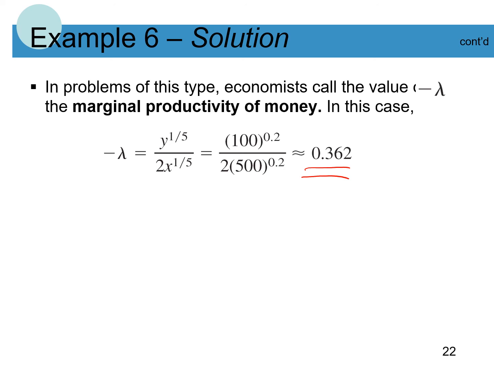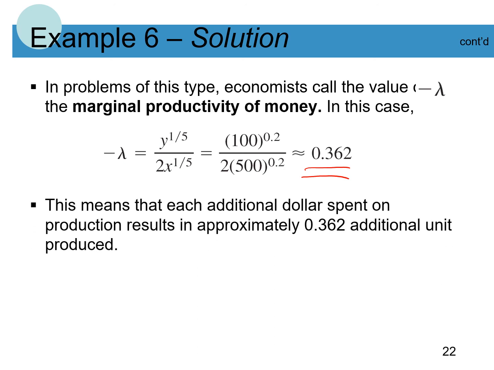What this value means is that each additional dollar spent on production results in approximately 0.362 additional units produced.